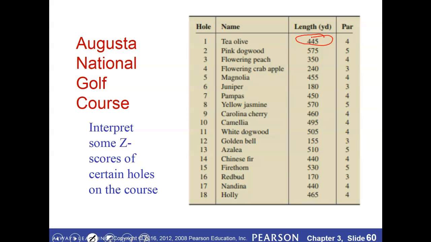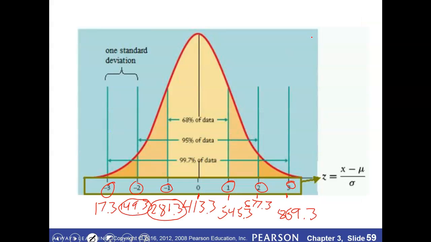If it has a distance of 445, 445 is going to be about right here. It's going to have a z-score somewhere between 0 and 1, but what is that z-score going to be? In order to figure that out, we're going to use this formula.